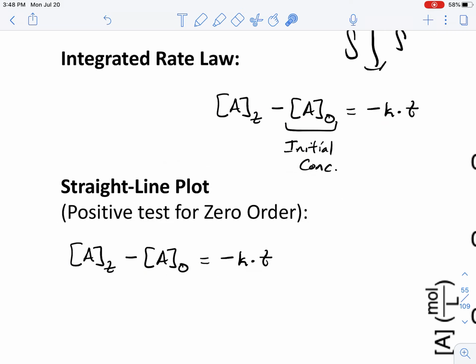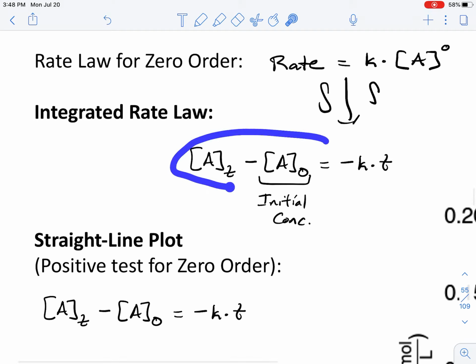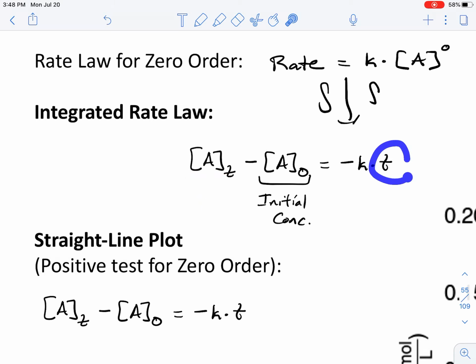All right, so very quickly, you guys can go ahead and use this integrated rate law to determine the remaining concentration of the reactant after a certain time has passed or something like that. And we'll take a look at these equations in greater detail when we apply them to word problems.